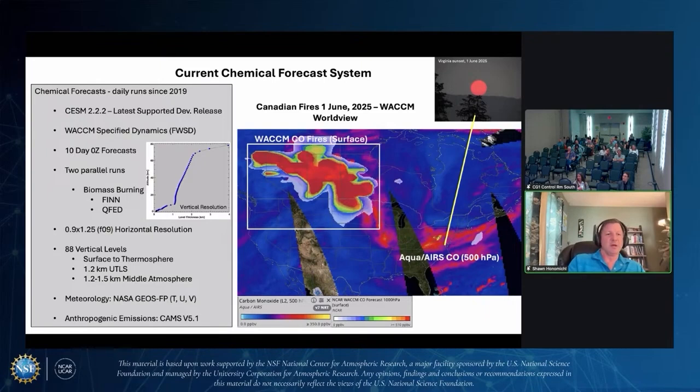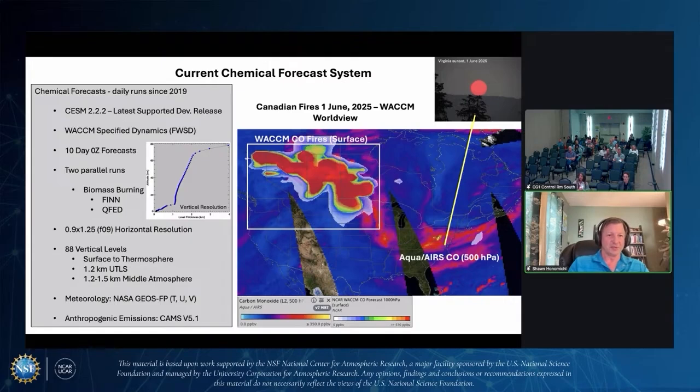And so just to overview what our forecast system is under the hood, we utilize CESM 2.2.2, and our compset is the WACCM Specified Dynamics FWSD compset, and we do 10-day 0Z forecasts every day.